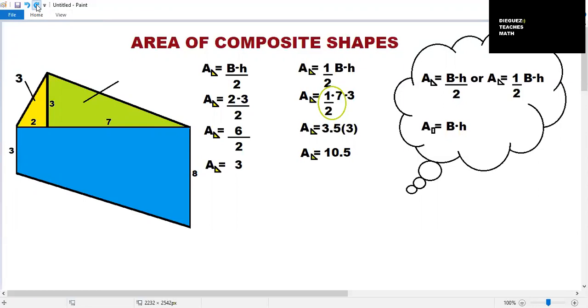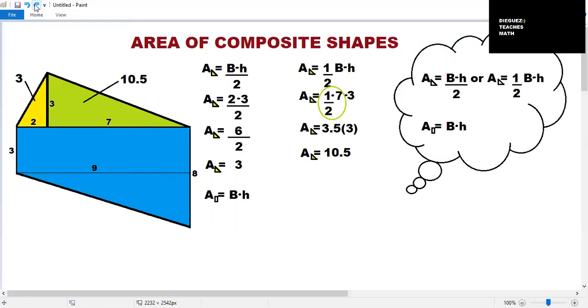So then I draw that imaginary line that I was talking about at the beginning. And I do know that this is 2 and this is 7, so that helps me figure out that this is 9. Okay, and I know this is 3, which means this is 3 as well over here.